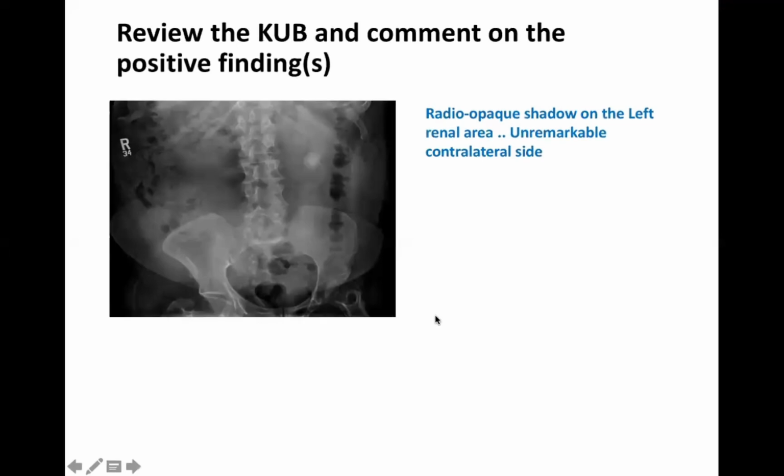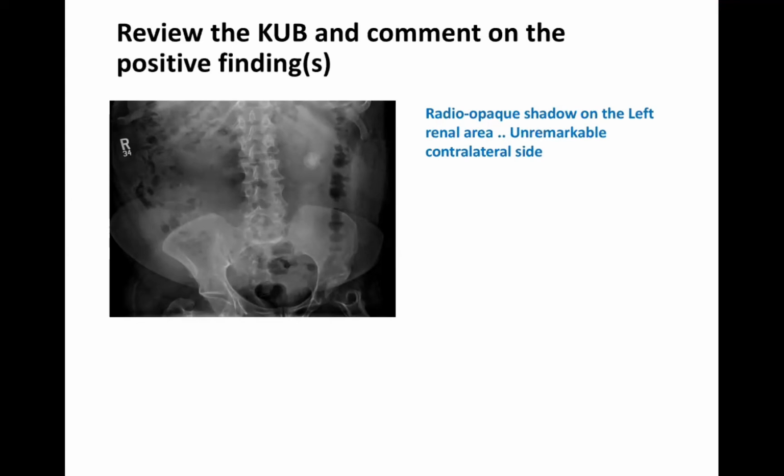It's also essential to comment on the radio-opaque shadow that we are seeing now, and also lots of candidates used to jump to non-enhanced CT immediately, which is acceptable in real practice, but for the sake of the exam, it is essential to go step by step. So I wouldn't ignore doing a KUB X-ray or anything else.